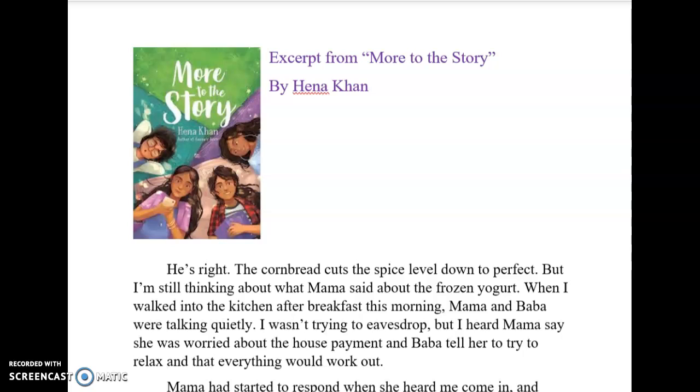So, theoretically speaking, my students would already have written a narrative, and judging on what they've written within the narrative, I would go ahead and introduce this excerpt and use it as an example to teach them about how Hannah Khan in this excerpt uses voice and mood.